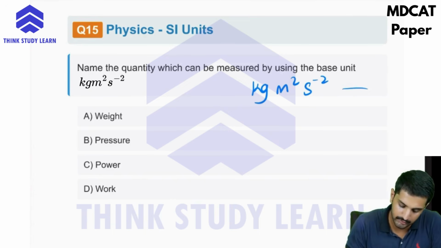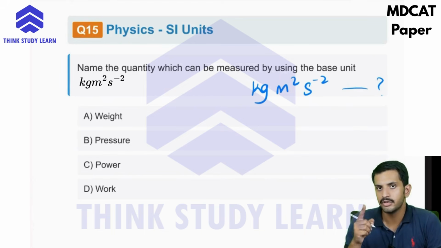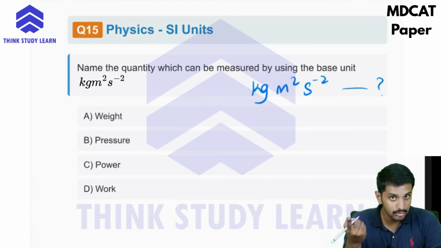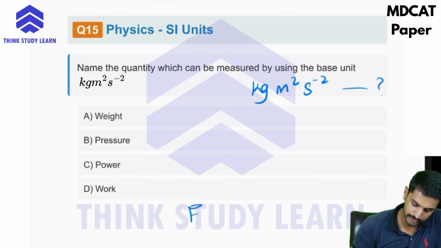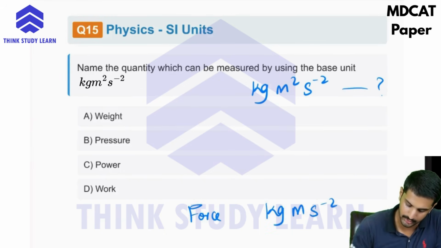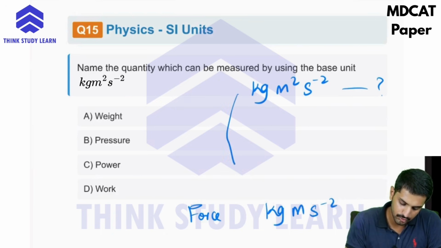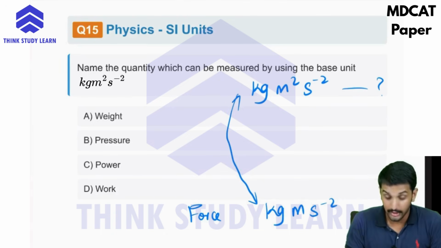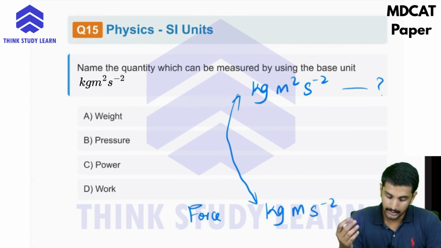This is what we don't know. However, the quantity that you definitely know if you're preparing for MDCAT is force, which is kilograms meters per second square. So if we compare these two, only one more meter is multiplied by it.